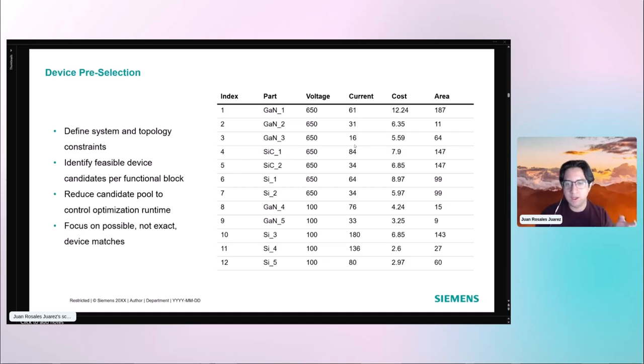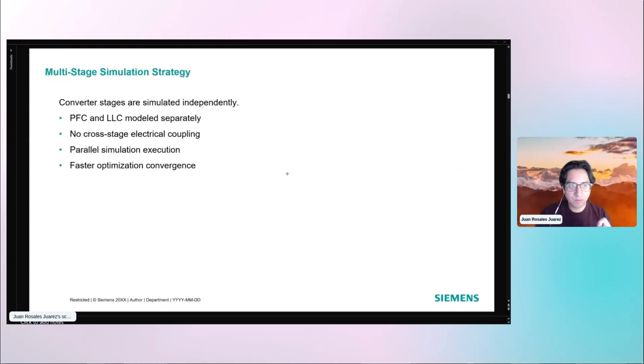And the idea is that the optimization algorithm will also choose which of these devices to parallelize to meet the design requirement, which is something that I thought was pretty fun for this experiment or for this workflow.